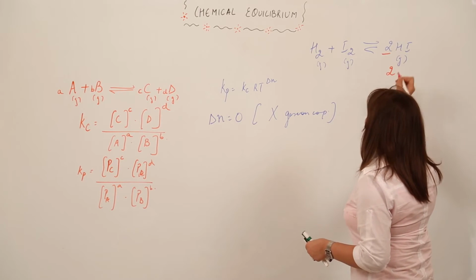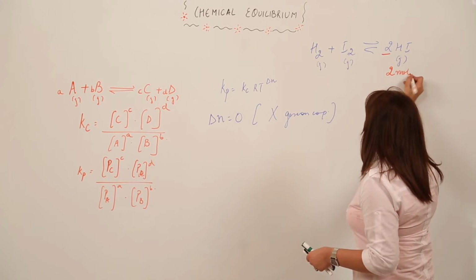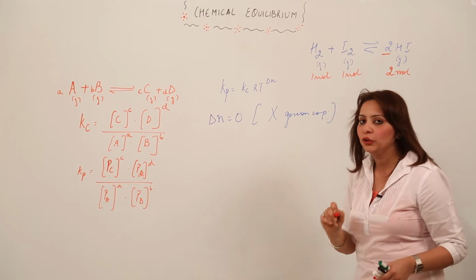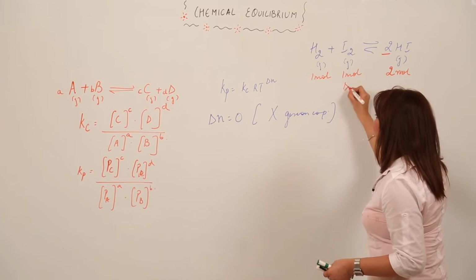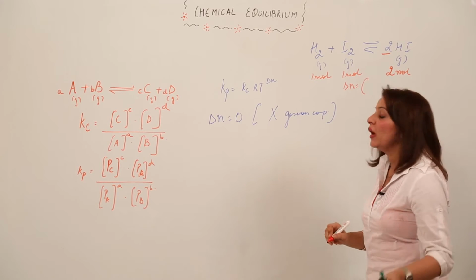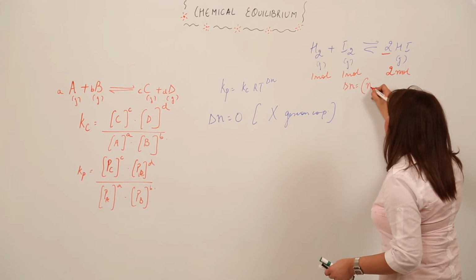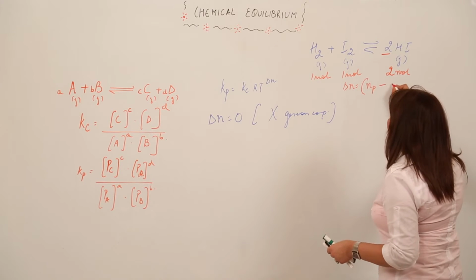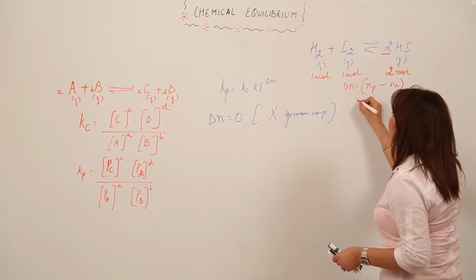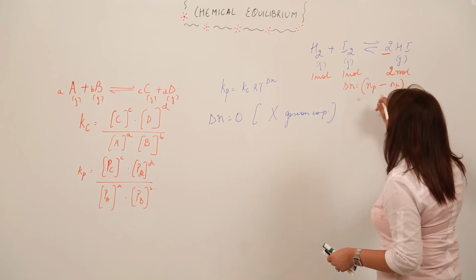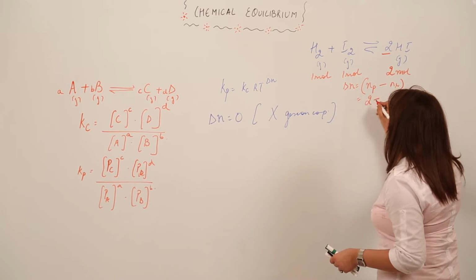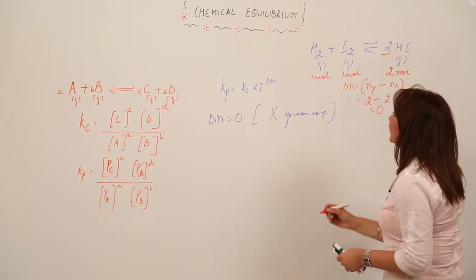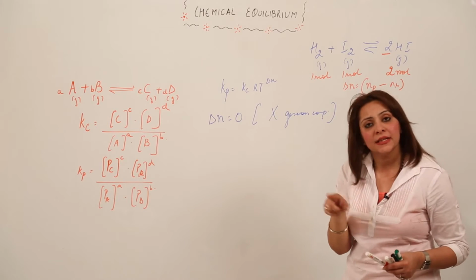See here, the moles are 2 moles, in this case we have 1 mole, and in this case also we have 1 mole. Whenever I wish to calculate delta n, I just have to subtract the total number of moles of the reactants from the total number of moles of the products. As we can see, the number of moles of the product is 2, minus the reactant, which is 1 plus 1, so 2. So in this case the change in number of gaseous moles is 0.